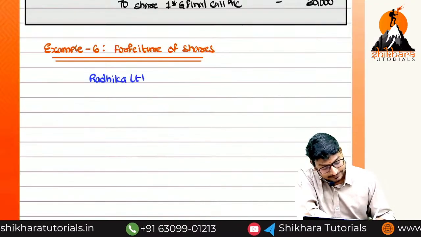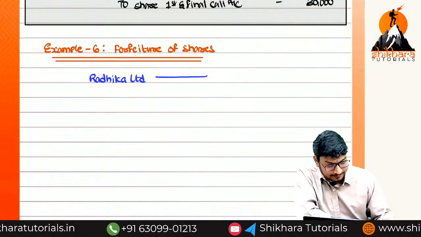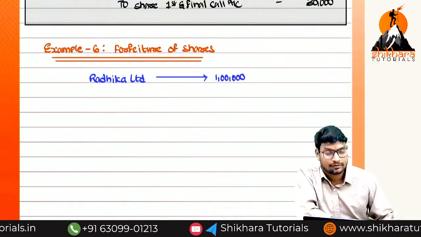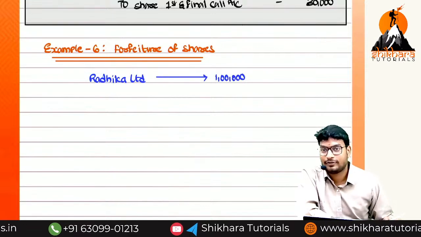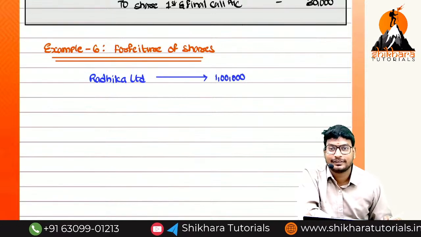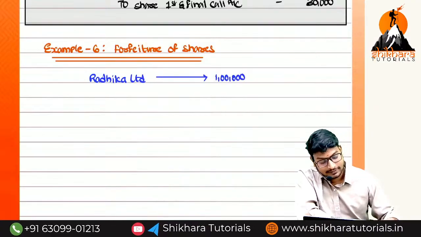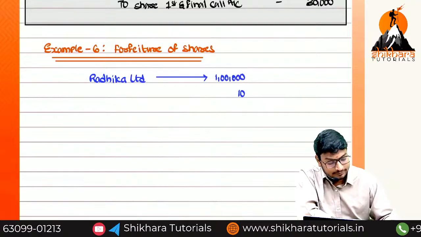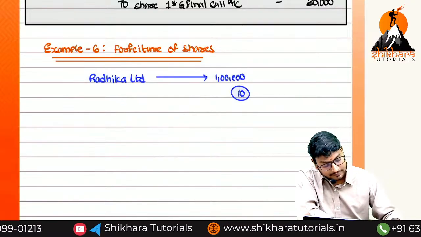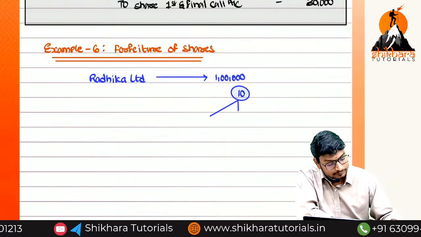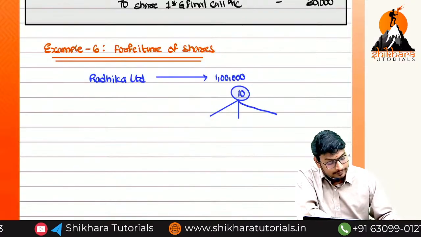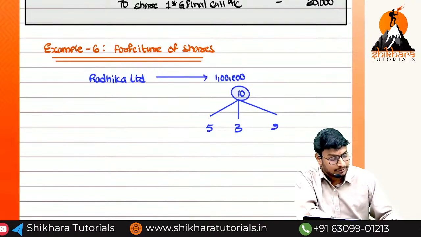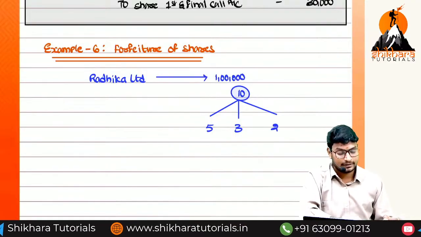Radhika Limited. This time we are issuing 1 lakh shares. This is called further public offer. Previously we have done the IPO, initial public offer. Now the face value again is 10 rupees only, it will not change. ₹5 on application, 3 rupees on allotment, 2 rupees on first and final call.